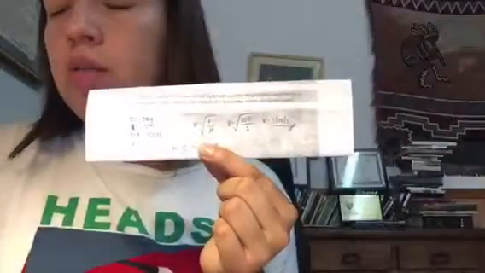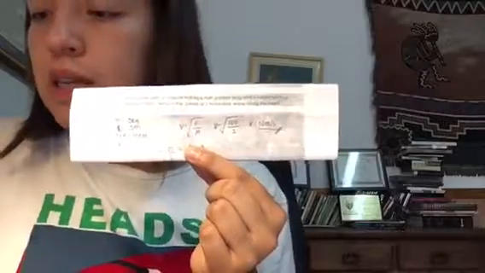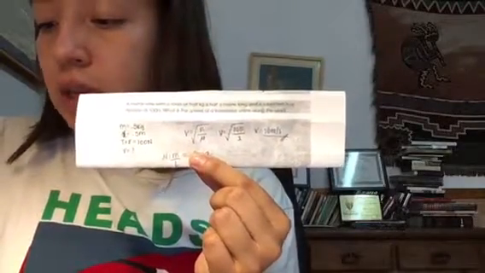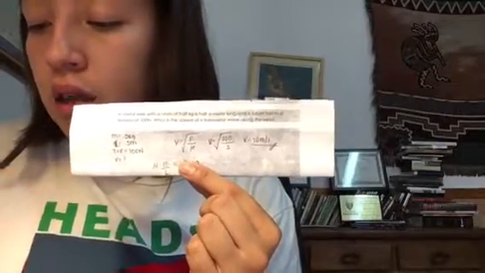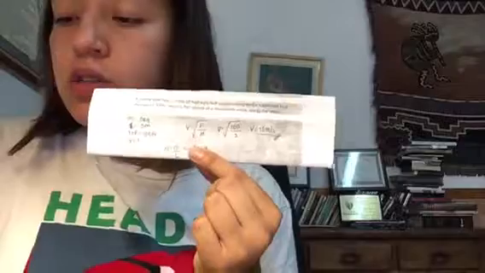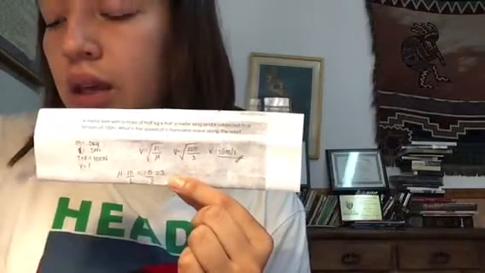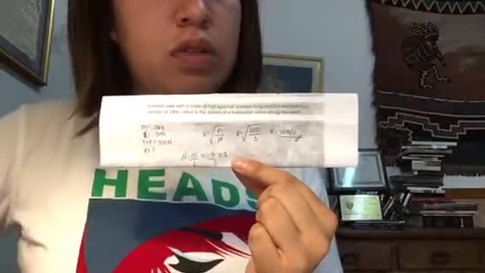Then we have the fourth problem that I think is really easy. They are asking us the speed of a transverse wave along the wire. They are giving us the mass, the length, and they are giving us force or tension. So the formula I use to calculate the speed of the transverse wave is the square root of force over string density.